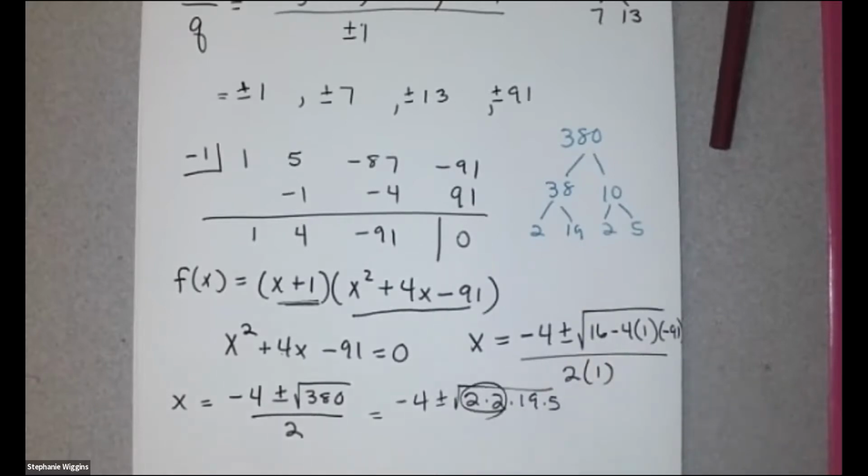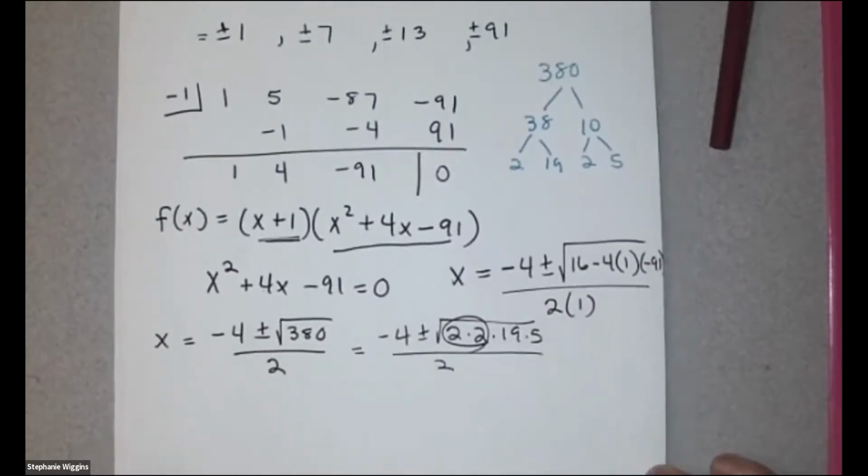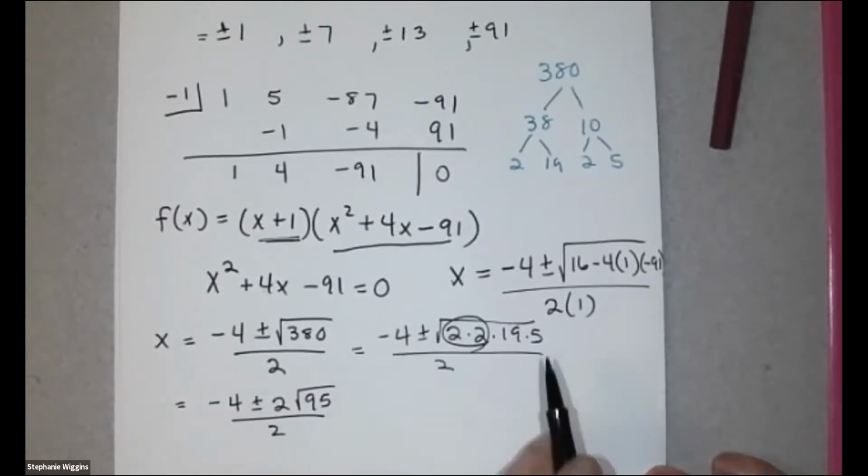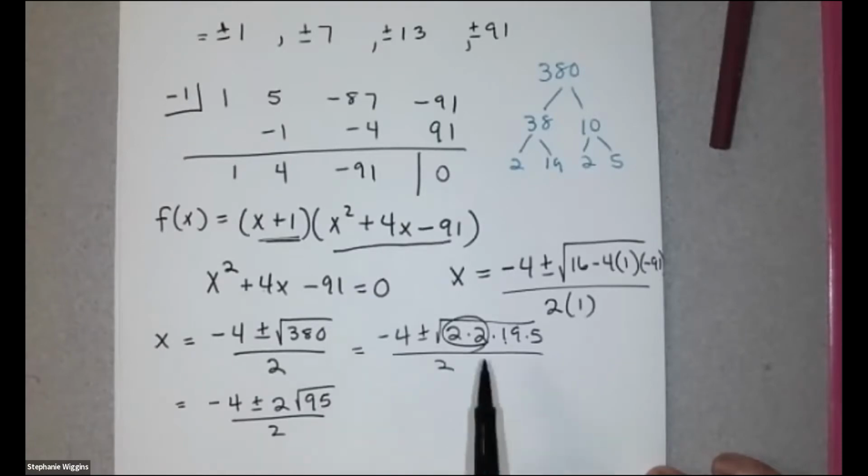I can only take these two out. So I get minus 4 plus or minus 2 square root of 95, because 5 times 19 is 95. The 2's come out as 1, 2. And then these two each have a factor of 2, and I'm dividing by 2. So this just becomes minus 2 plus or minus the square root of 95.